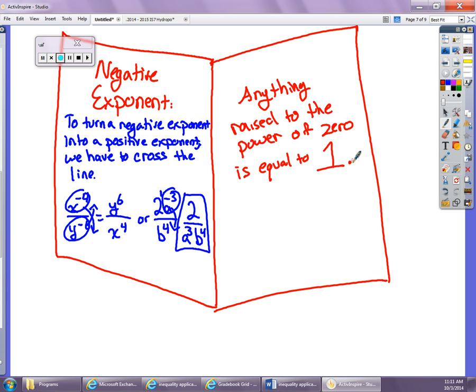It doesn't matter if it's a letter, a variable, a number, anything raised to the power of 0 is equal to 1. So 6 to the power of 0 is 1. x to the power of 0 is 1. 2abc to the power of 0 is 1. Anything that's raised to the power of 0 is simply 1. So that is what we are going to start getting into with our laws of exponents.